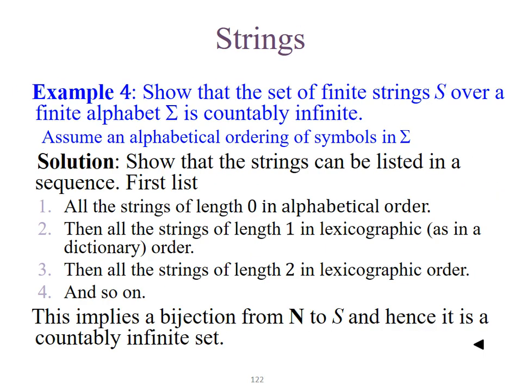If you remember these examples, we have finite string set S over a finite alphabet set sigma, which is countably infinite. So you can see the finite string set S is already countably infinite. How about its power set?